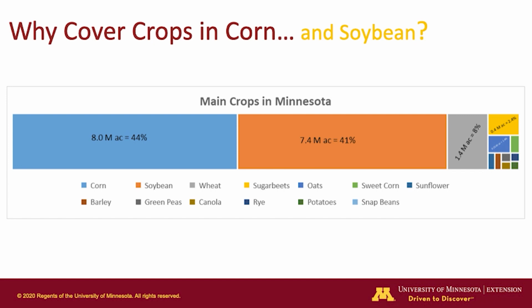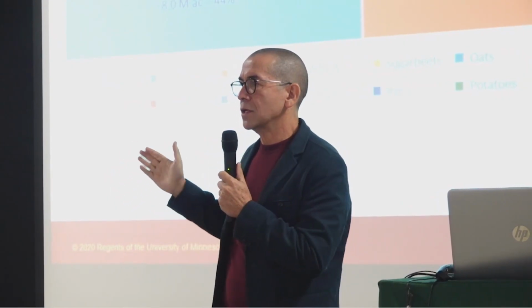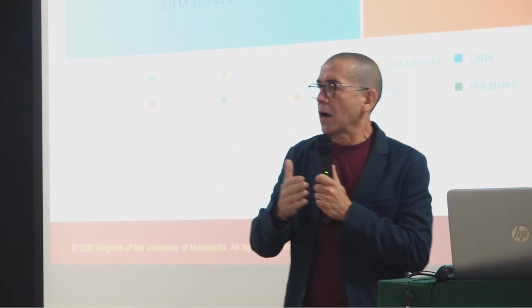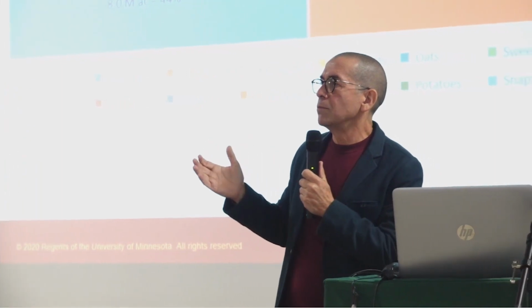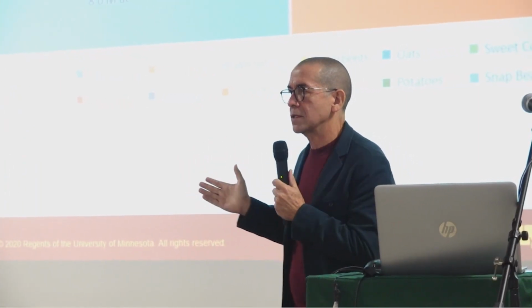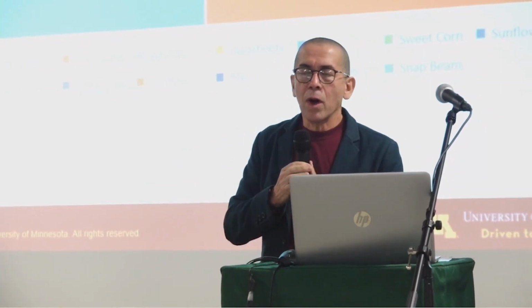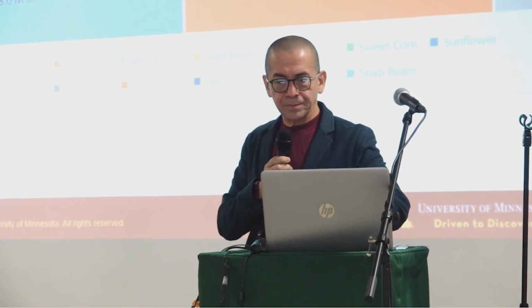If we were able to eventually put, let's say, 10% of the area under corn and soybeans with cover crops, that would be a completely different game, and we will be much better off in terms of the use of this practice. So that's the main reason why we are trying to see if we can put cover crops into the corn and soybean rotation.